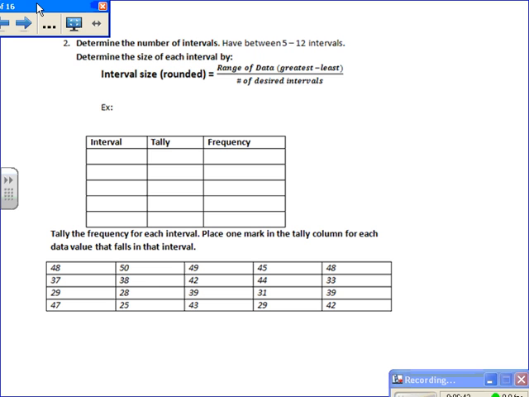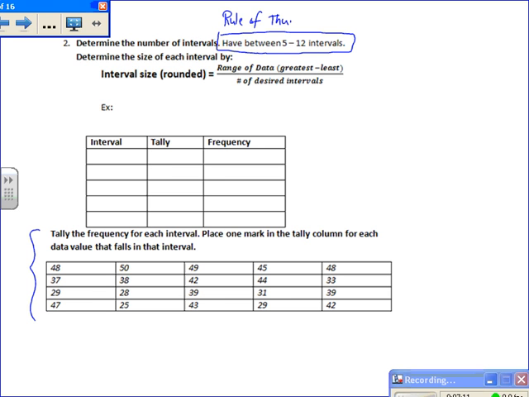The first thing I want to think about is, let's go back, and here's my data set again, down at the bottom of your page. You can see that we have quite a few numbers to look at. I'm going to have to decide how many groups in total I want. The rule of thumb is that you want somewhere between 5 to 12 groups.